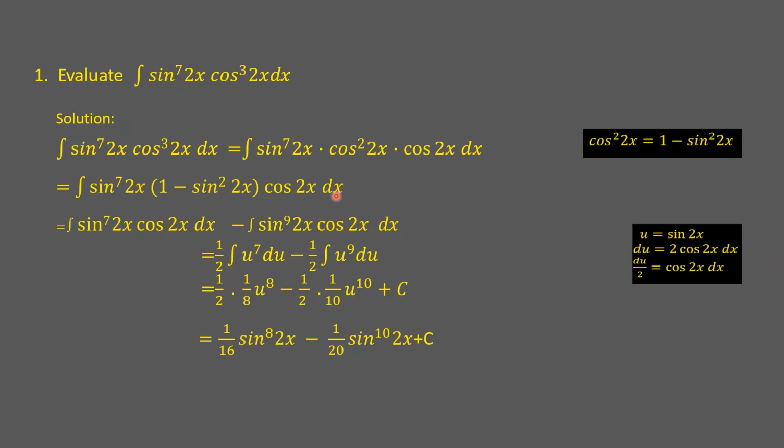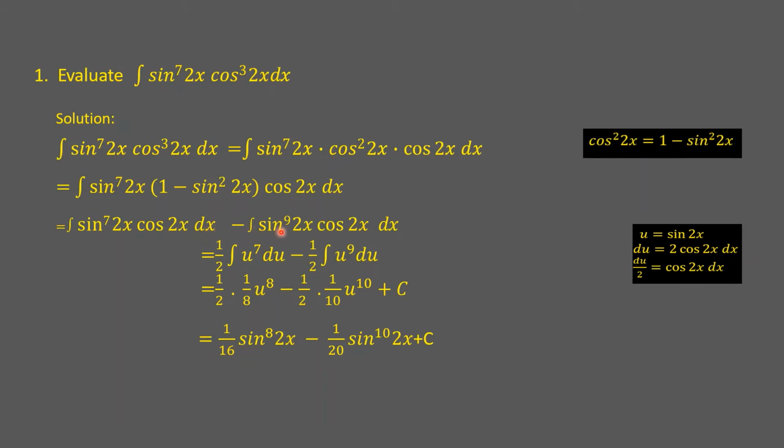At this point, what we do next is to multiply these factors, expressing this now as a difference of integrals given by the integral of sine to the 7th 2x cosine of 2x dx minus the integral of sine to the 9th of 2x times cosine of 2x dx.